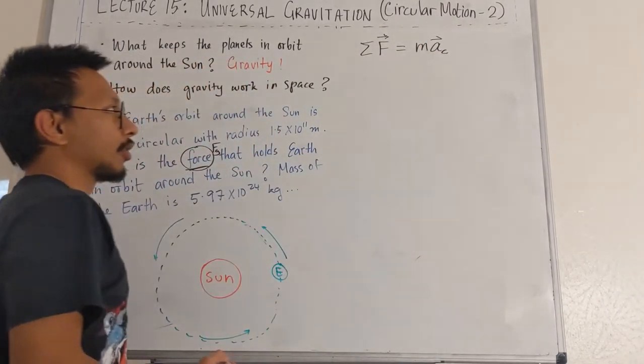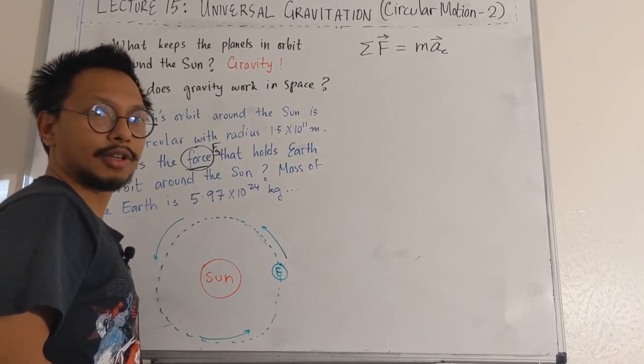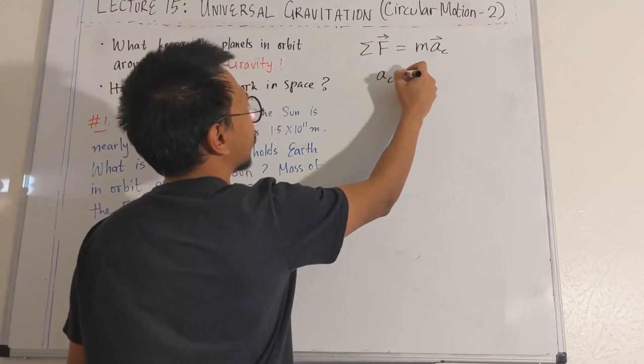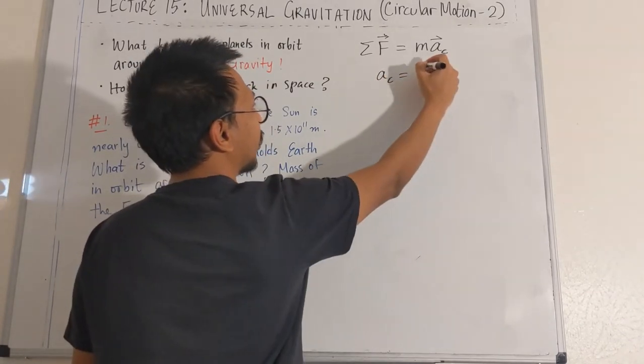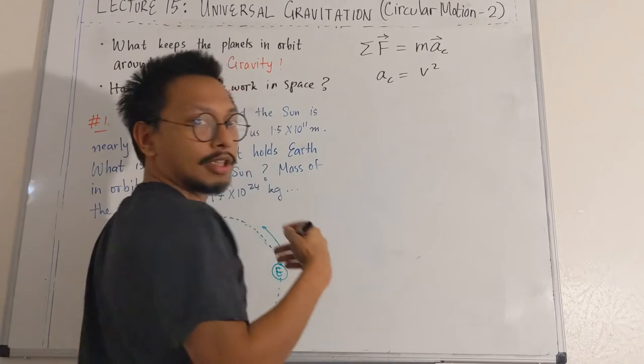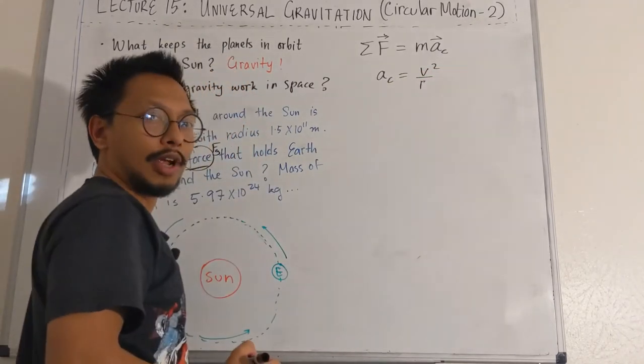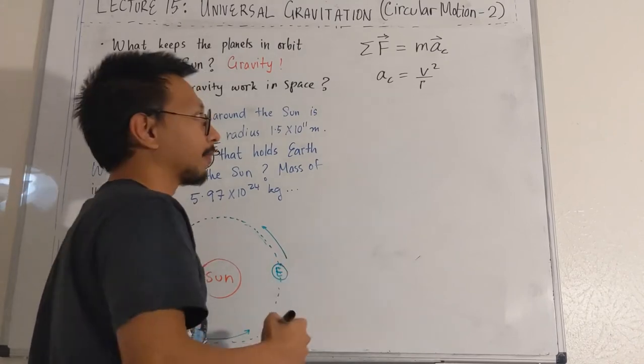The acceleration in a circular motion is towards the center, the centripetal acceleration, and we know this to be defined as the magnitude v squared over r, where v is the speed of the object and r is the radius of the circle it's moving on.